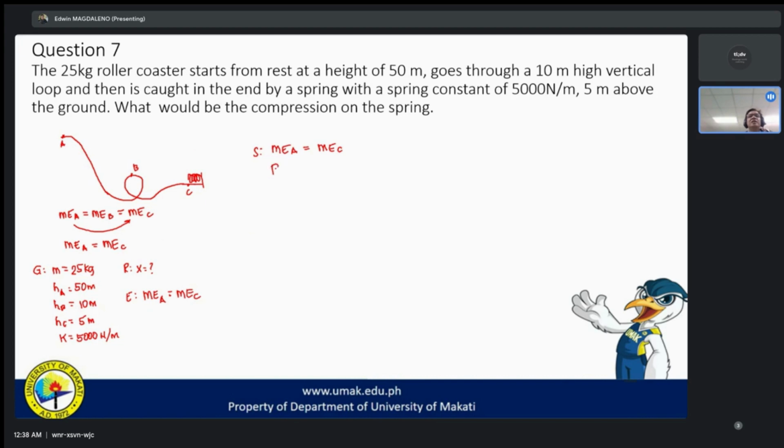So only PEG should be present at point A.